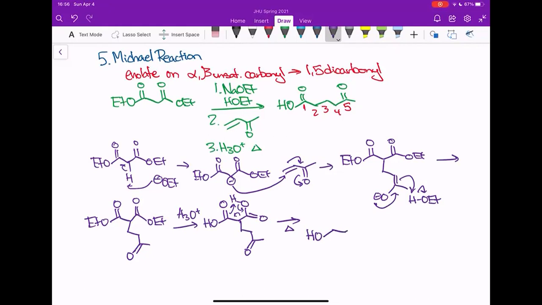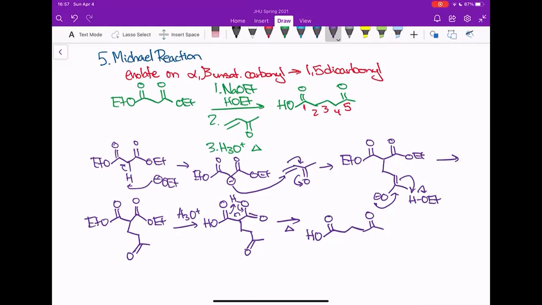And that is how we would end up with our final product looking like that. So very similar to the other reactions that we've walked through.